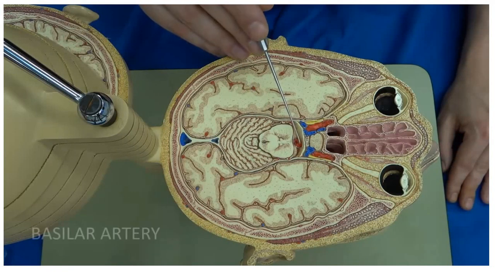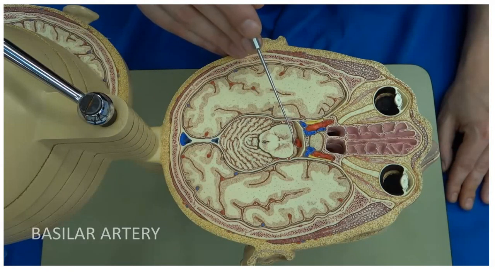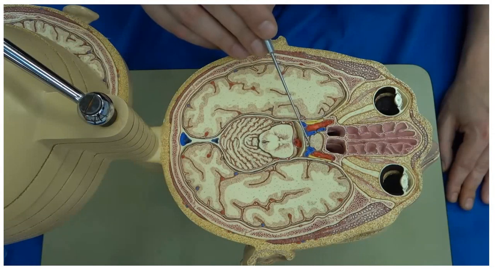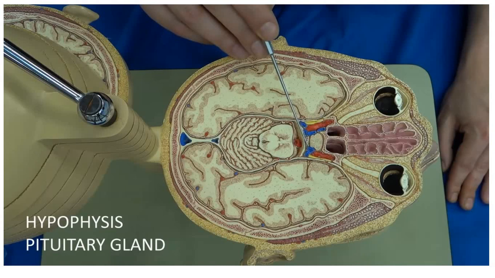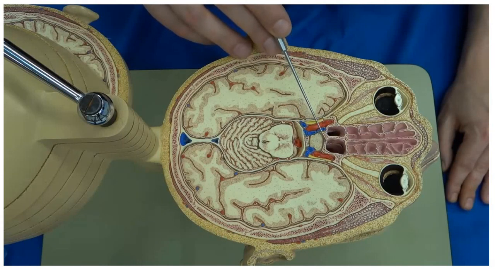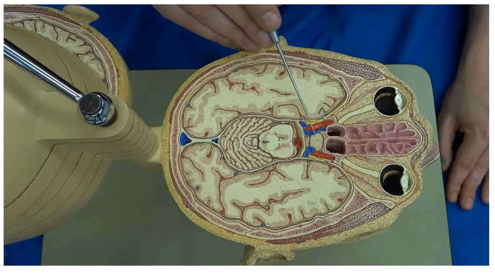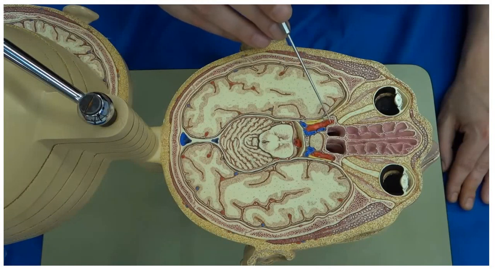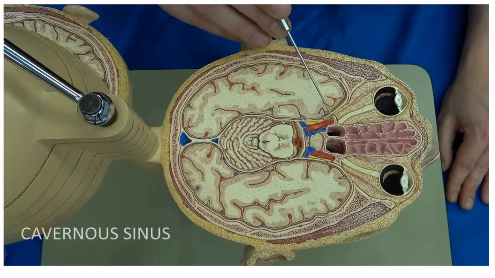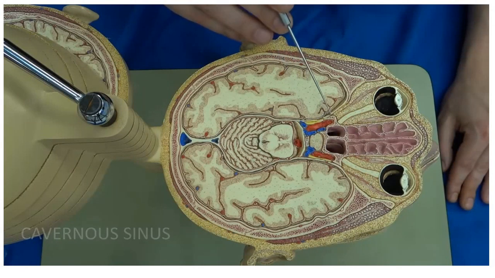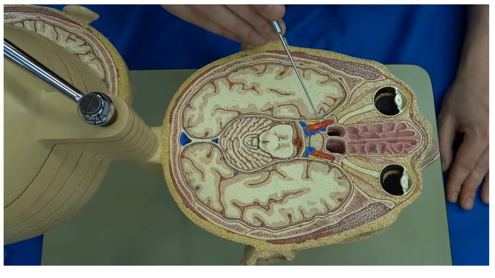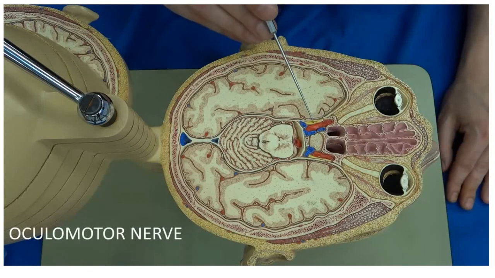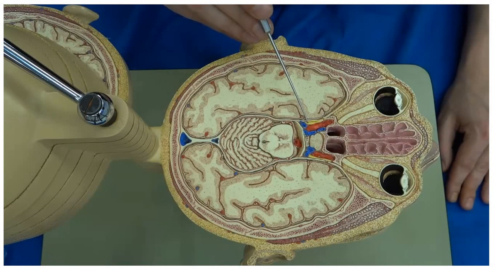We can see the basilar artery, and anteriorly to it the hypophysis lying inside the hypophyseal fossa, to which laterally the two internal carotid arteries are located in the cavernous sinus, also laterally to the artery, the oculomotor nerve is located.